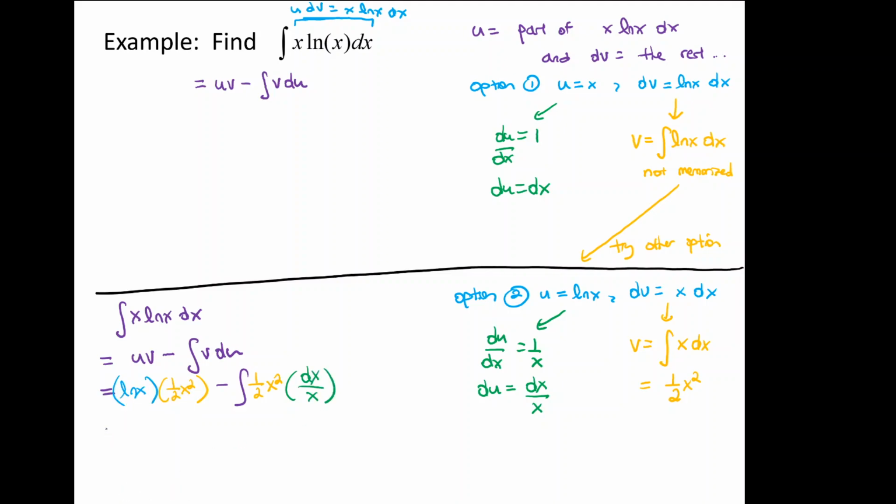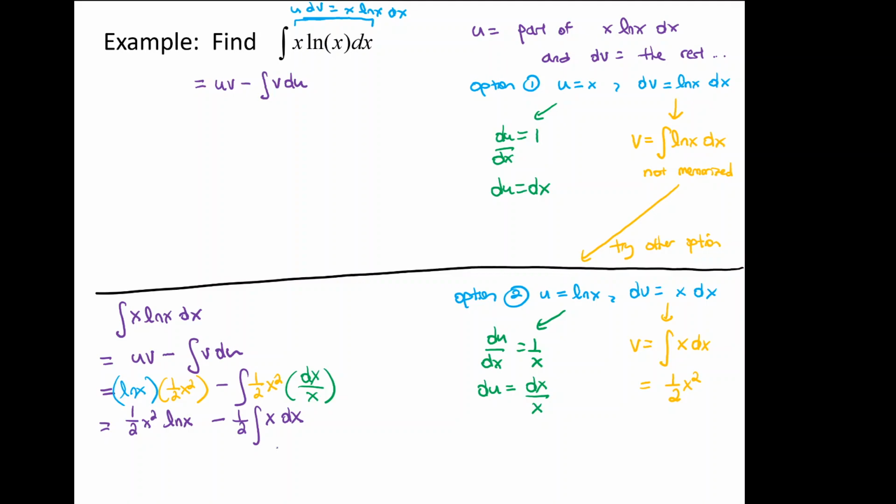And to clean things up a little bit, we have 1/2 x squared ln of x, the x squared in front of the ln, and a common factor 1/2 out, then use exponent laws. We have x to the 2 divided by x to the 1, we just have an x. And what we've done, what we've accomplished, is we've replaced the integral of x ln x with an integral of x. Definitely better.